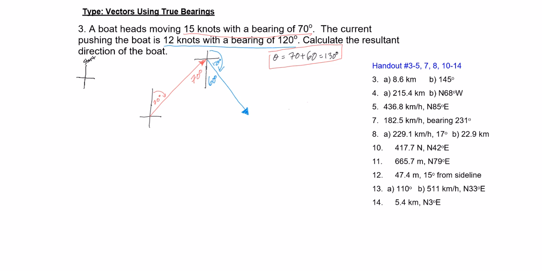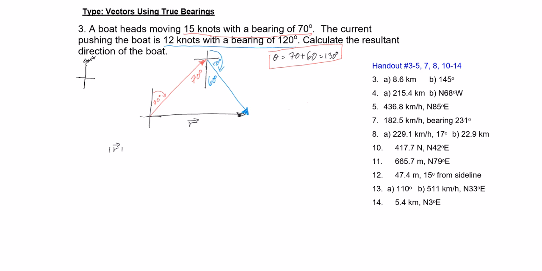Now, what we're going to do is we're going to draw our resultant vector. Our resultant vector goes from here all the way to here. Now, just like before, we're always going to use cosine. We're also going to call this r. Make things simple.